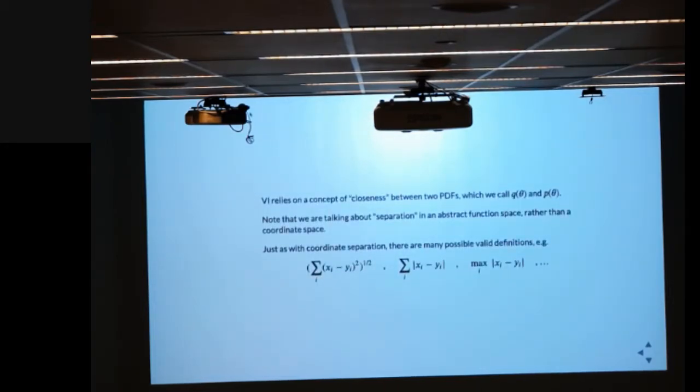A key part of this is going to be what we mean by closeness. We're working in this abstract function space. How do we actually measure the separation or the distance between 2 functions? We know how to do this in normal coordinate space, but there's not really a unique prescription for saying how far away 2 points are even in regular Euclidean space.